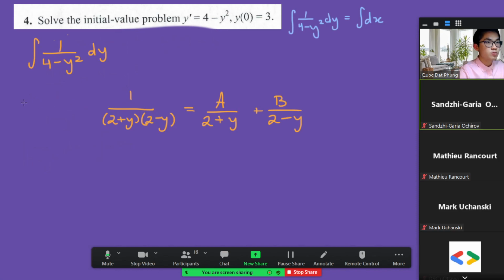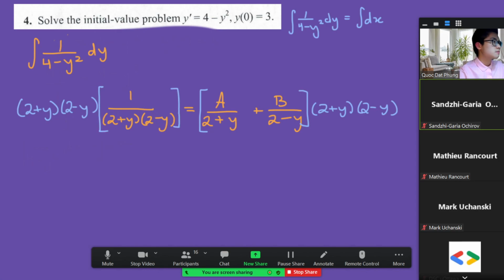So we multiply both sides by the common denominator. We have to solve for a and b. So if y is equal to 2, you can pick any number here, but why did I pick 2? Because if you plug 2 into here, the a would disappear and then you can find b.